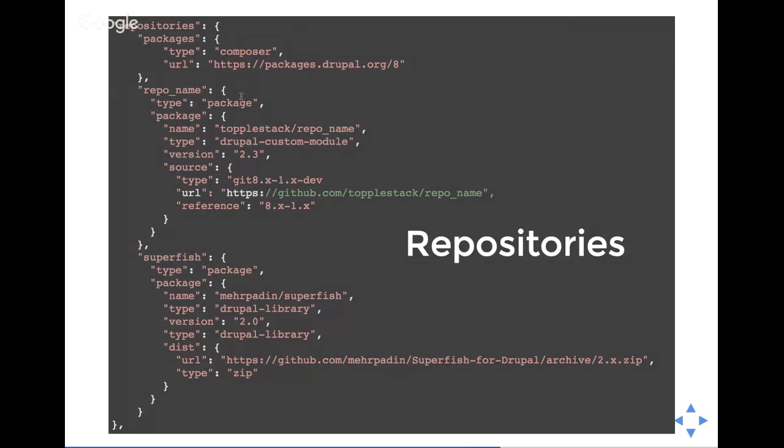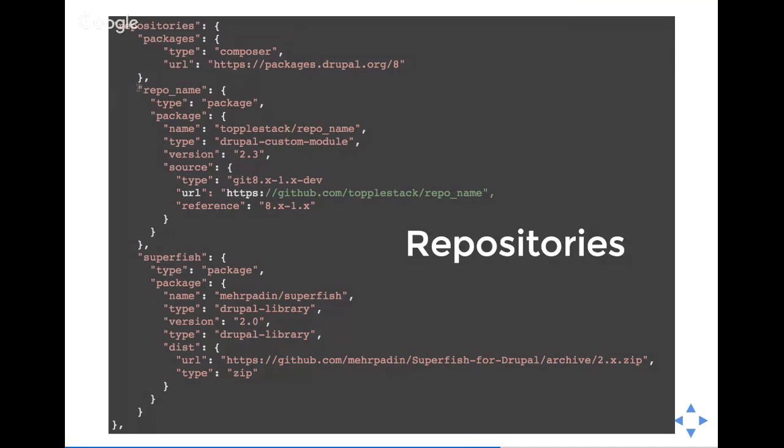This doesn't include the external Symfony projects. Those are all visible through Composer by itself. You don't have to pull in a package in your JSON file to find any of those. This just pulls in all of the modules that are currently available on Drupal.org. This is what makes those available.